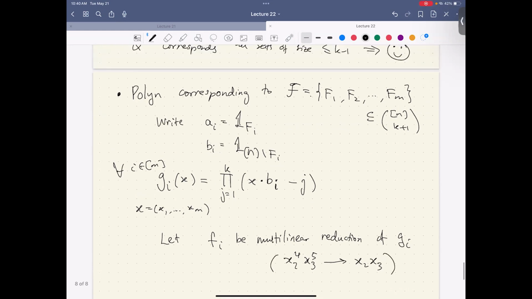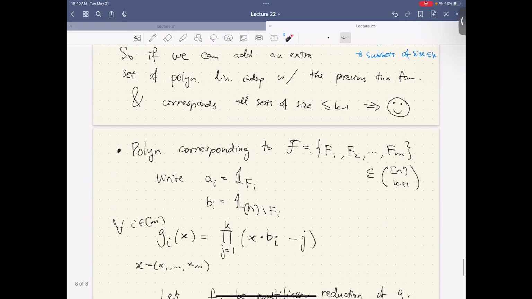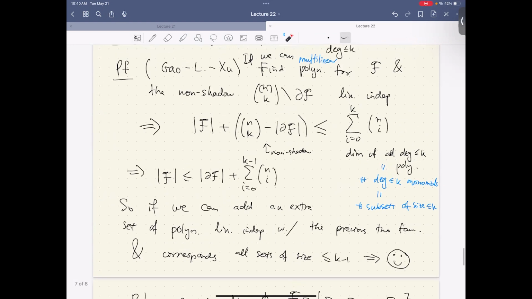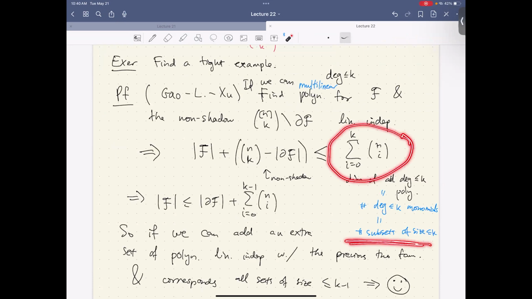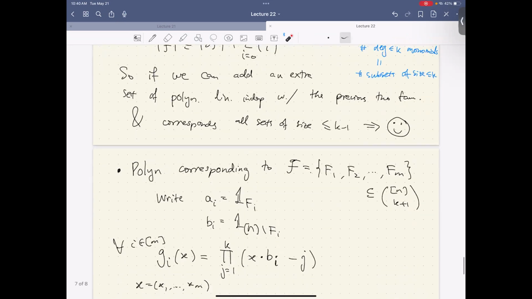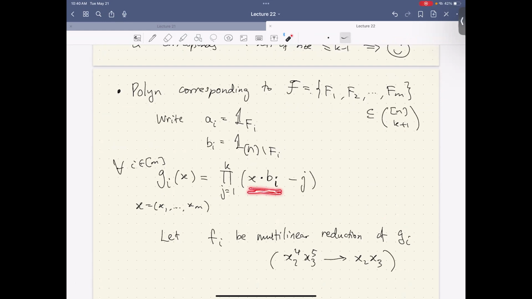So first thing to check is that we have obtained a multilinear function for each set in our family. Second, we need to check that they all have degree at most k, so that we have this upper bound on the dimension of these low degree multilinear functions, which is true because we have a product of k linear terms, so degree at most k.